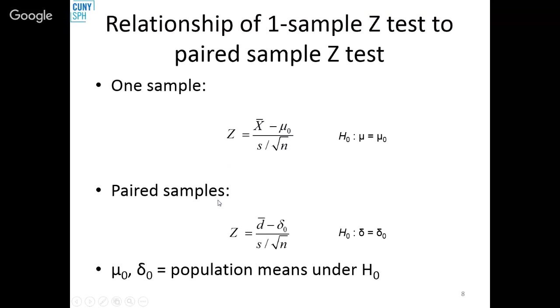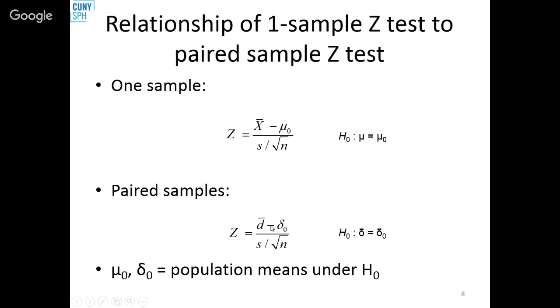With the paired samples test, it is the same except that your numerator is the mean difference between your pairs minus the mean difference in the population under the null hypothesis. So instead of these just being observations on a single subject, the unit of observation is the difference between the pairs. So that makes it pretty simple.